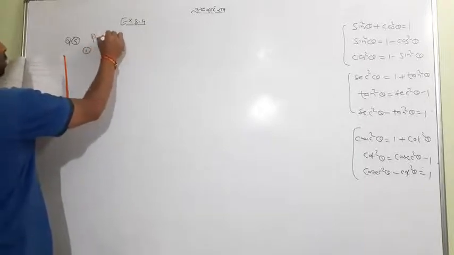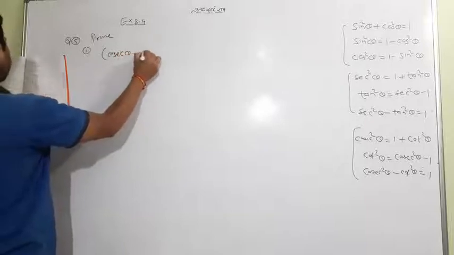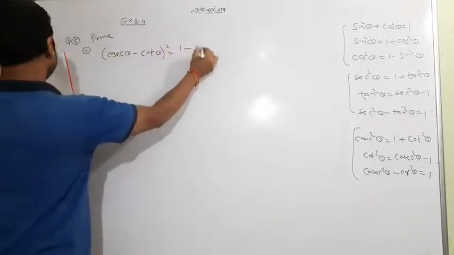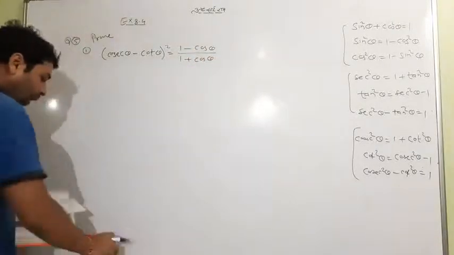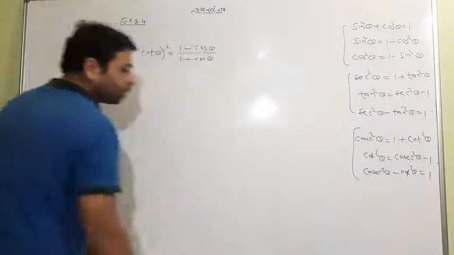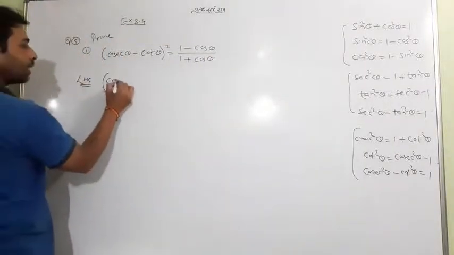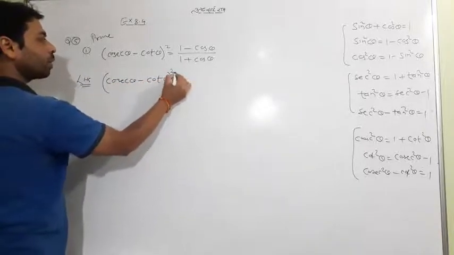The first question I want to discuss with you: prove that cosec theta minus cot theta whole square equals 1 minus cos theta upon 1 plus cos theta. Look, slowly I will explain. It's very easy. Start with the LHS as usual. Cosec theta minus cot theta whole square.